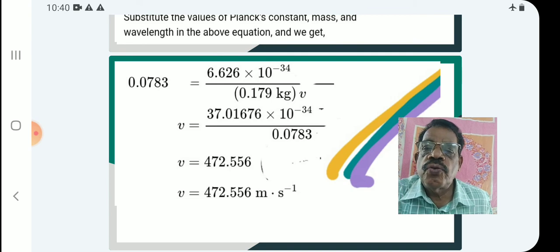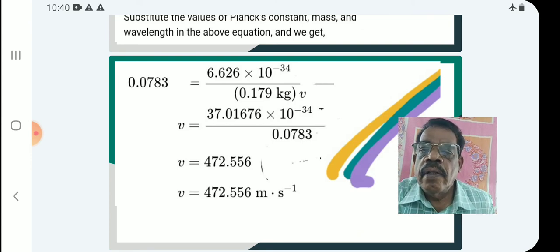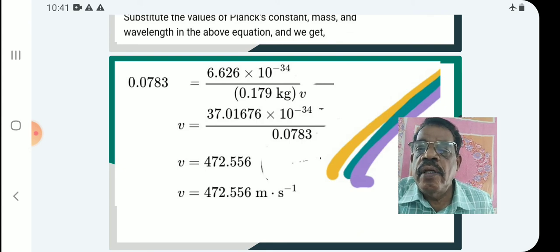Equals 6.626 into 10 raised to minus 34 by 0.179 kilogram. The unit is not required in the steps. That is 37.0176 into 10 raised to minus 34 by 0.0783.